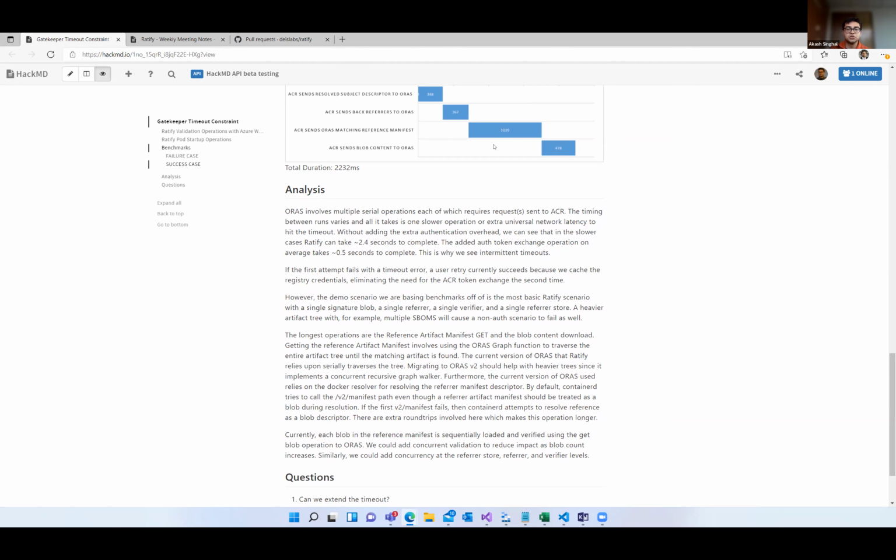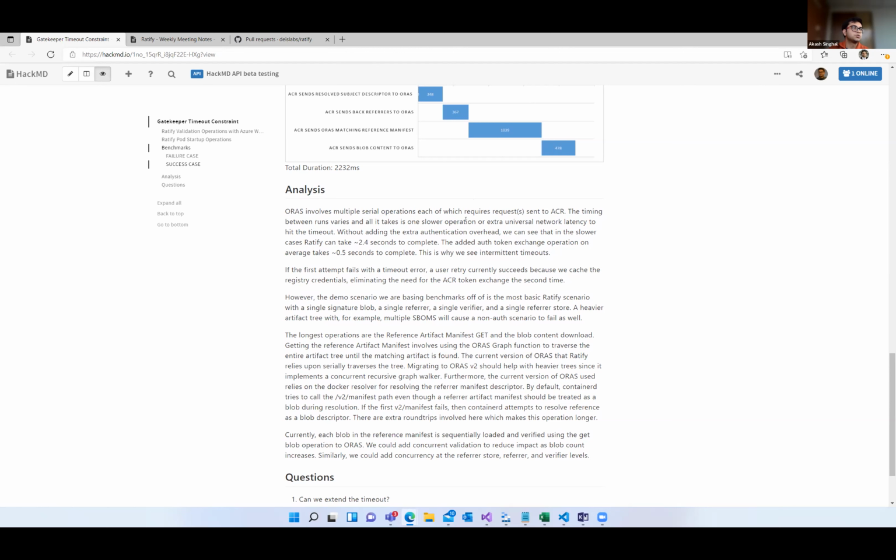And ORAS v2, which is the new ORAS Go module, actually addresses some of those shortcomings and implements its own concurrent graph walking function.